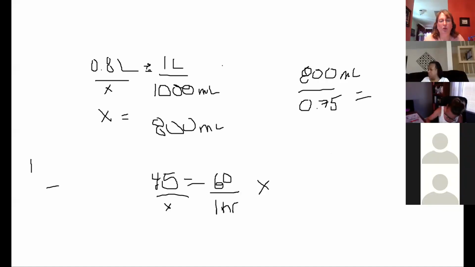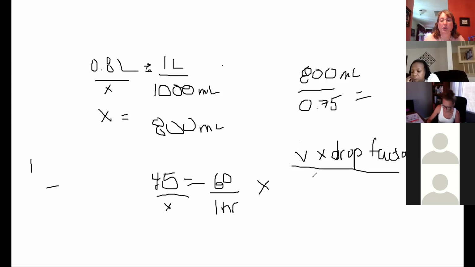All right, so the formula is going to be volume times the drop factor and then you're going to divide by your time in minutes.